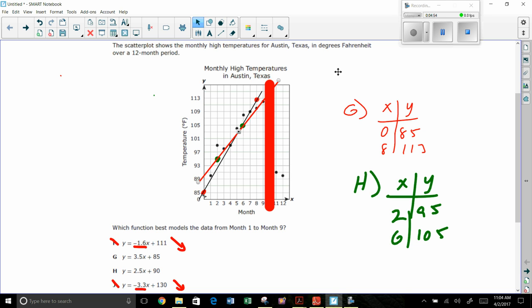Looking at the two choices, the first choice, letter G, goes a little bit too high. The red line, which is letter H, seems to go through the dots a little bit better. So I'm thinking that the best answer for this one would be letter H. The correct answer is H.